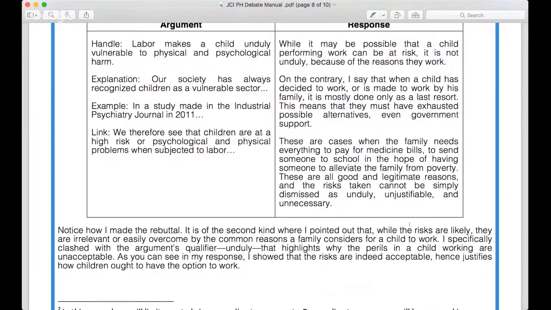In that type of response, you've addressed that the basis of your opponent isn't necessarily true, because their argumentation was mainly based on the principle that this is unnecessary labor.